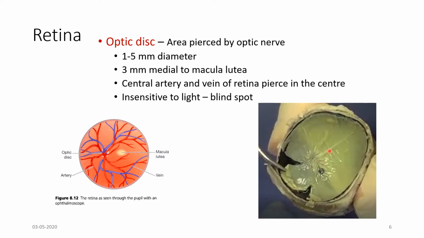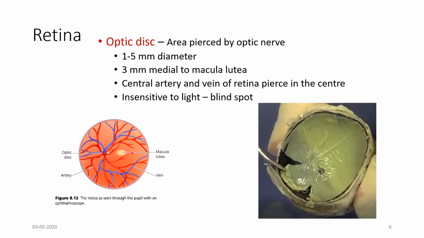It is about 1.5 millimeters in diameter and it is 3 millimeters medial to the macula lutea. The central artery and vein of the retina pierce in the center, and it is insensitive to light. This is called the blind spot.